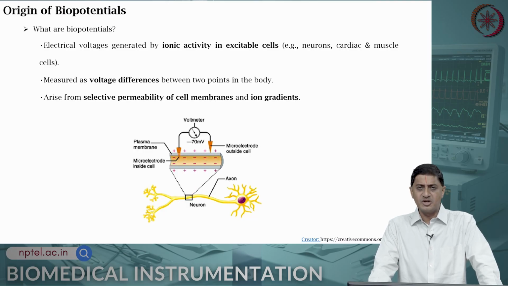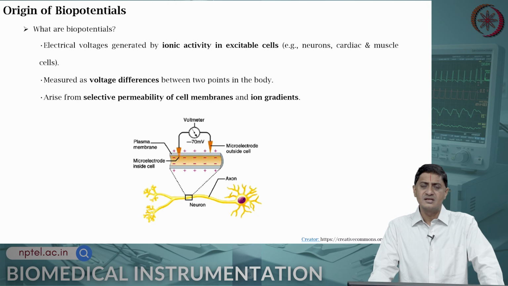And these biopotentials are measured as potential differences between two points, for our interest, usually between the inside of the cell and the outside of the cell. Why is this happening?